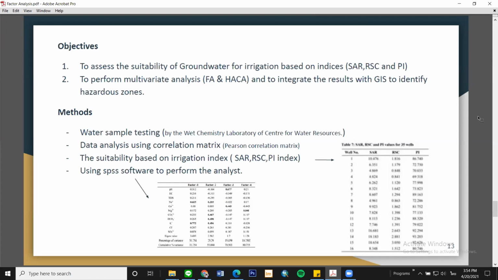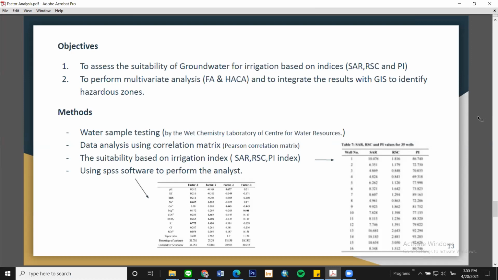The method of the study. First step, they have water sample testing by the wet chemistry laboratory of the Center for Water Resources. And next, we use data analysis by using correlation matrix, that is Pearson correlation matrix.